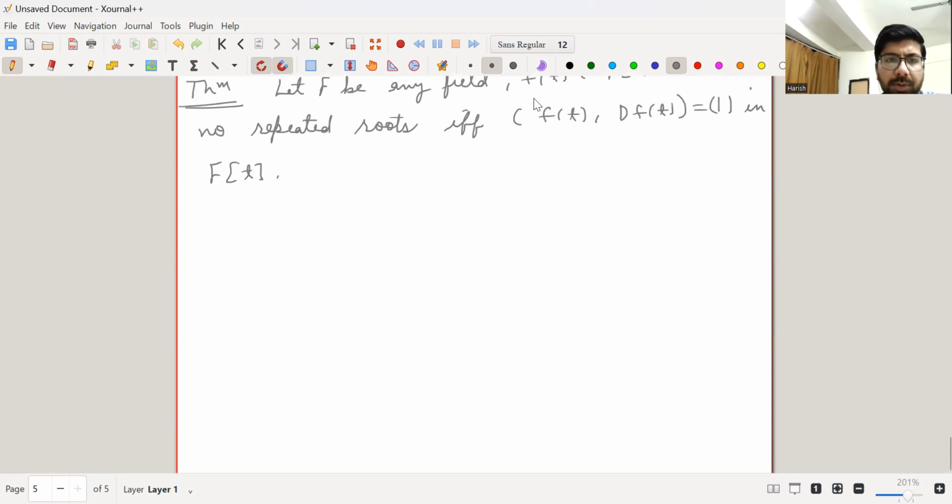Okay, so there is one more theorem which is important in this regard, discussed in the same lecture. So I will just state that.